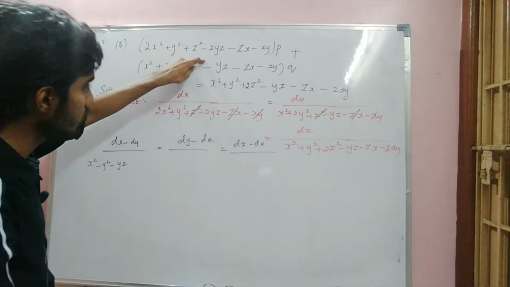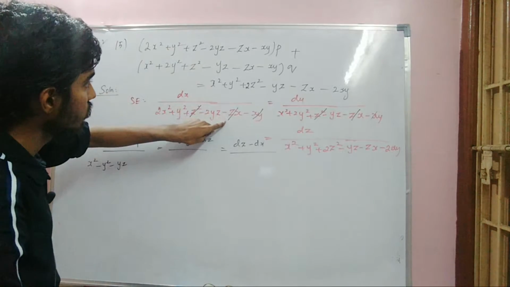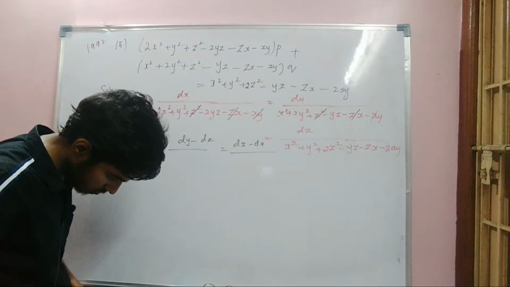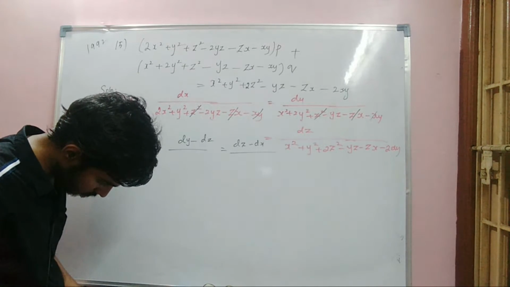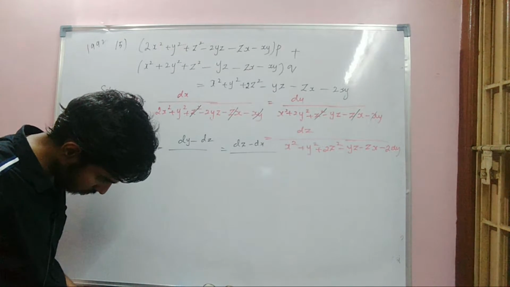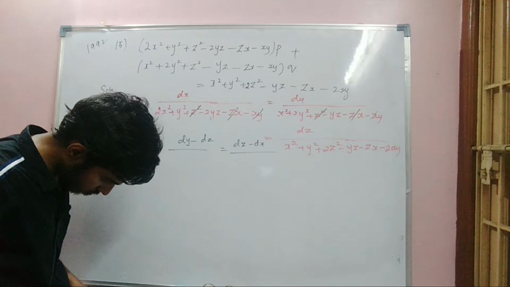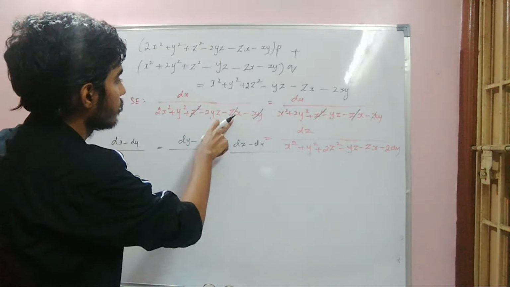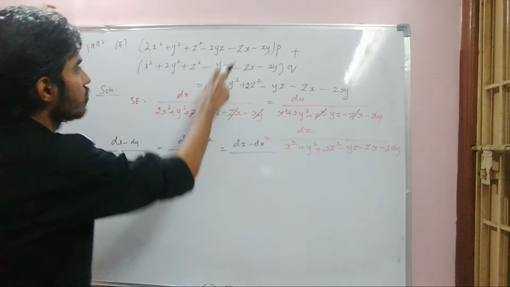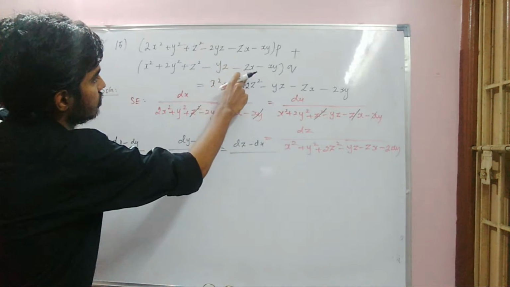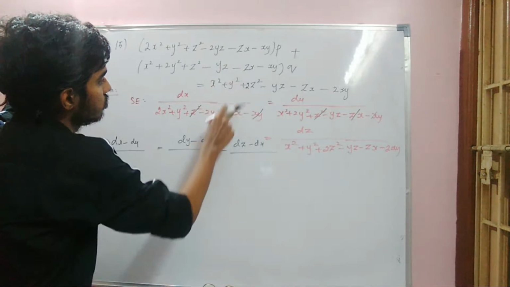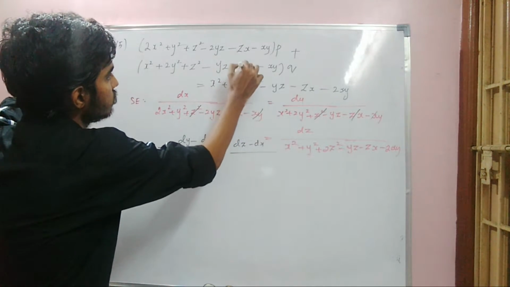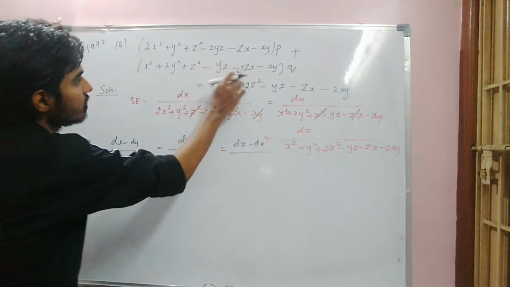Here you change this to plus 2zx, minus 2zx.